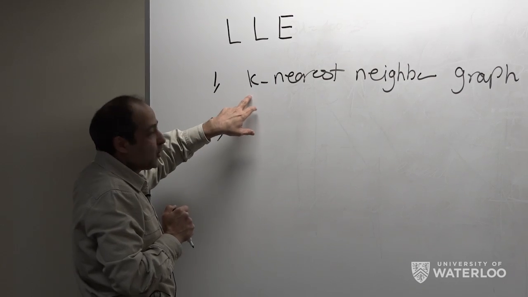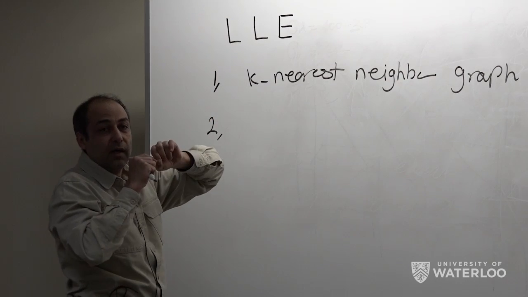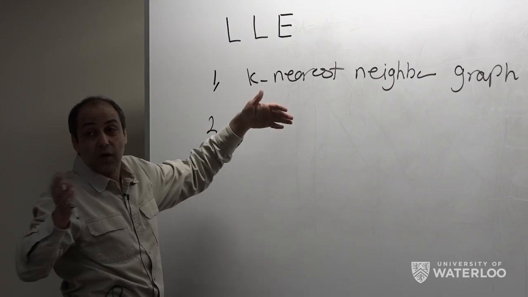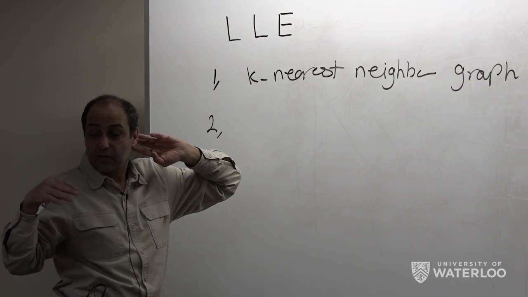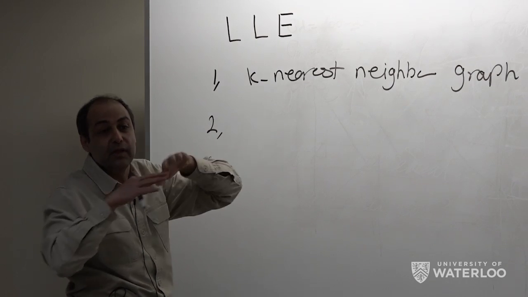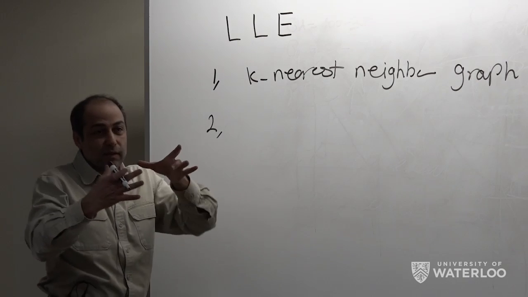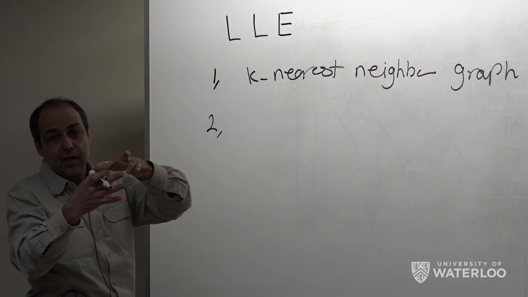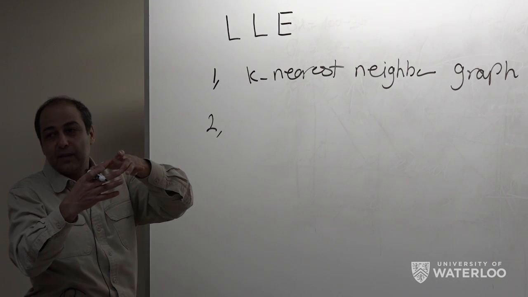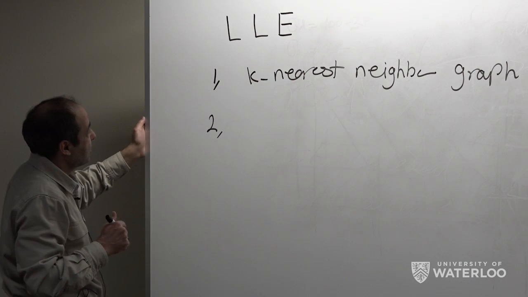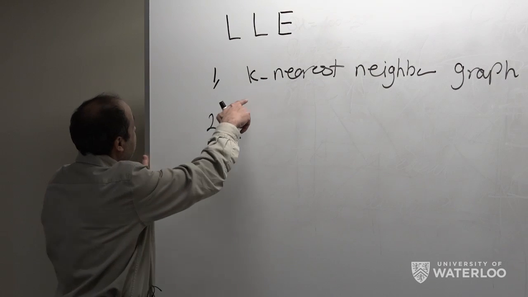So you have to make sure that K is large enough to make your graph connected. And it shouldn't be too large, because we saw in some slides that if it's too large, it approaches linear methods. If it's connected to all other points, then the locality cannot be estimated as a linear patch. It has a curvature on it, and the estimation is not a good estimation. So that's the first step.